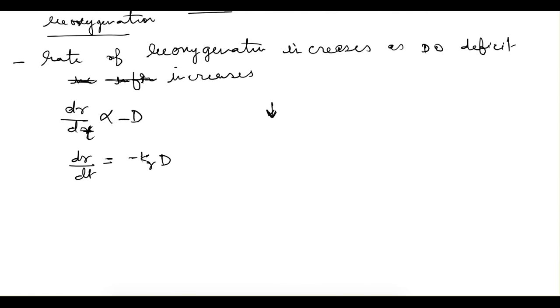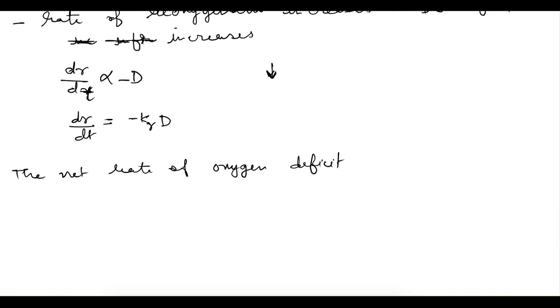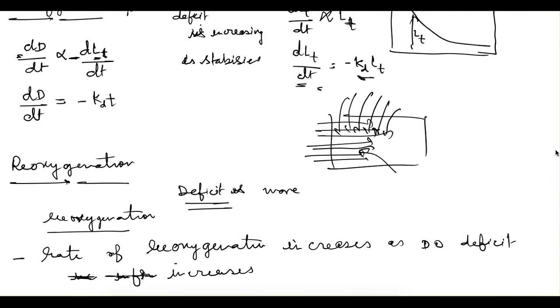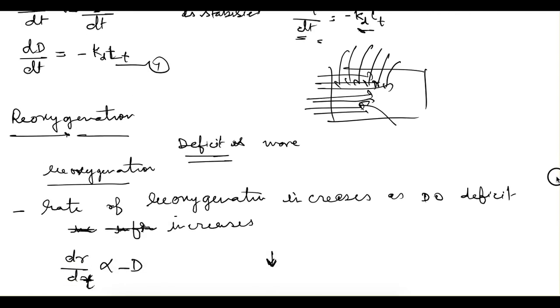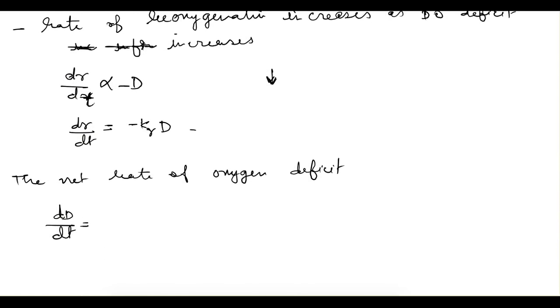Now if we talk about the net rate of oxygen deficit, what is the net rate of oxygen deficit? It will be the combination of deoxygenation and reoxygenation. So dD by dt is equal to, let's say this was your equation 1, which is kd into Lt, and this is your equation 2.